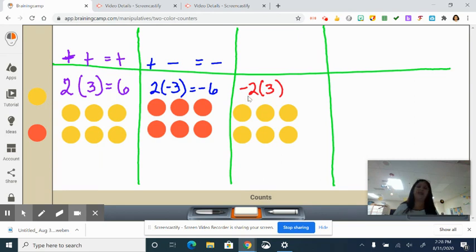I can't show negative 2 groups, but I can definitely flip these over from positive to negative. Did y'all see what I did? If I want the negative 2 groups, I'm just going to invert these. And what do I get? What's my answer? Also negative 6. So I'm doing a negative times a positive, and it gave me a negative.